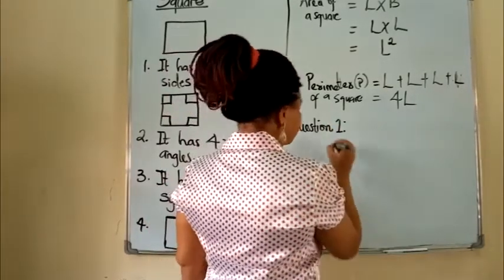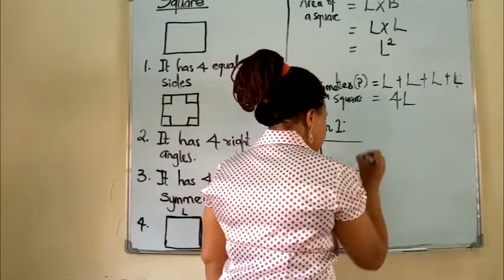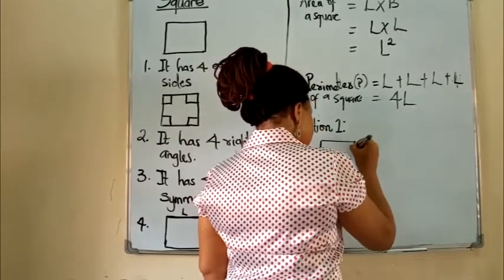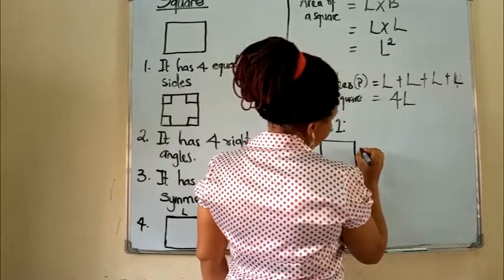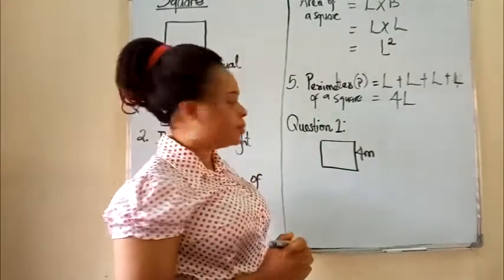1. A shape is given to you as this, and all that you can find in that shape is just one side.